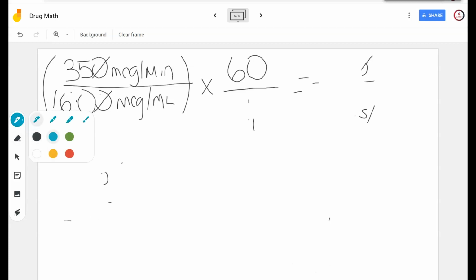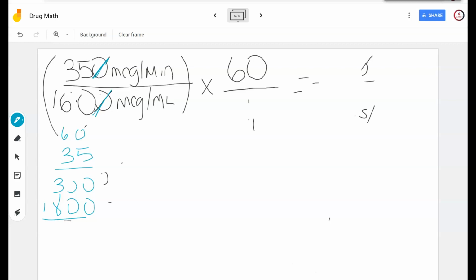So this remains the same, so you can still cancel out your zeros. 35 times 60 is 2100 over 160.